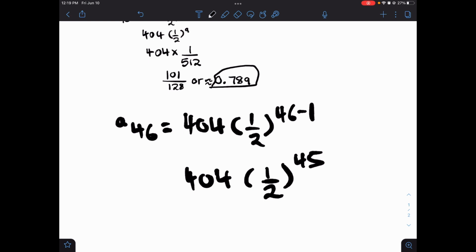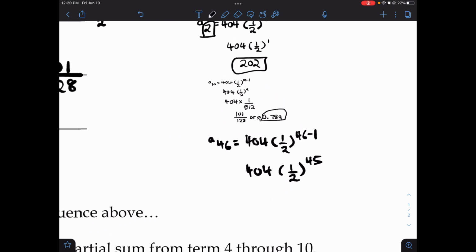So I'm just going to plug this into my calculator and get my answer. Okay, so our answer is a really big decimal.